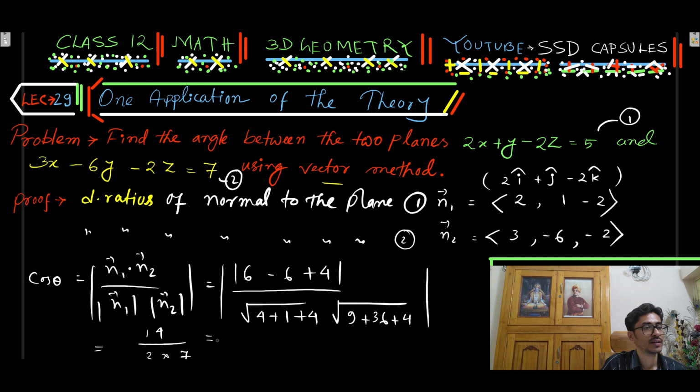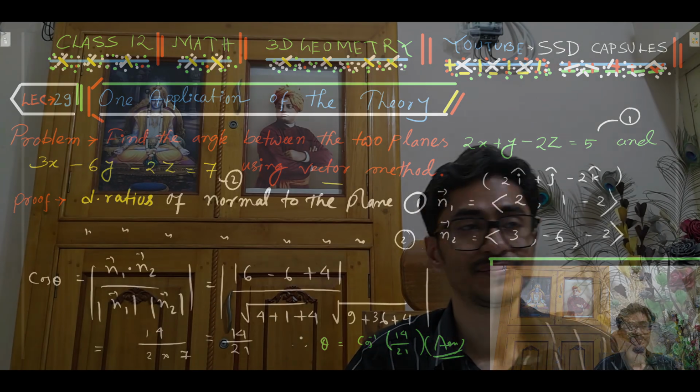So equal to 14 by 21. Therefore, theta equal to cos inverse 14 by 21. So that is the answer. So we are done.